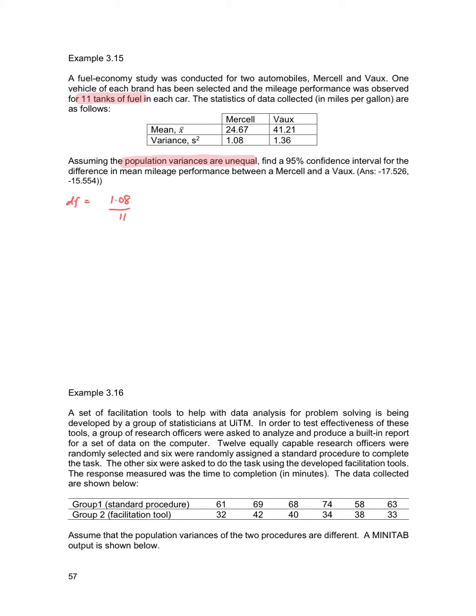So this one is 1.08 over 11 plus 1.36 over 11. Okay, and then we need to square.